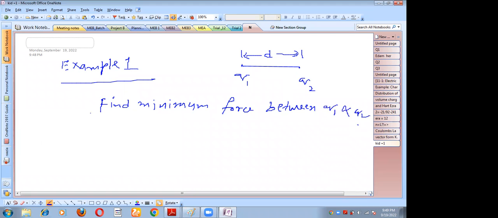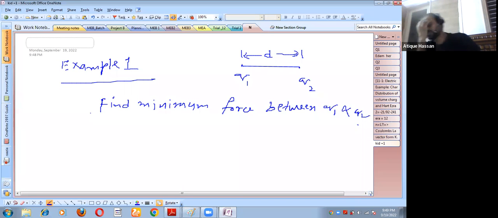Yes, you have to find the minimum force. Minimum possible force, I can say. That will be better language, a better sentence to say. Minimum possible force.